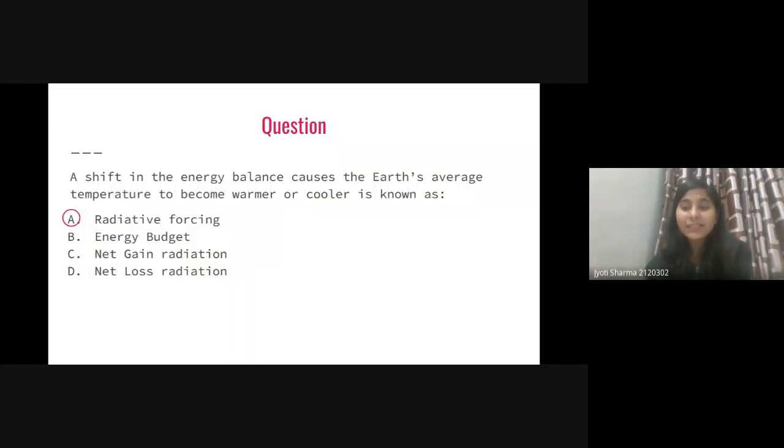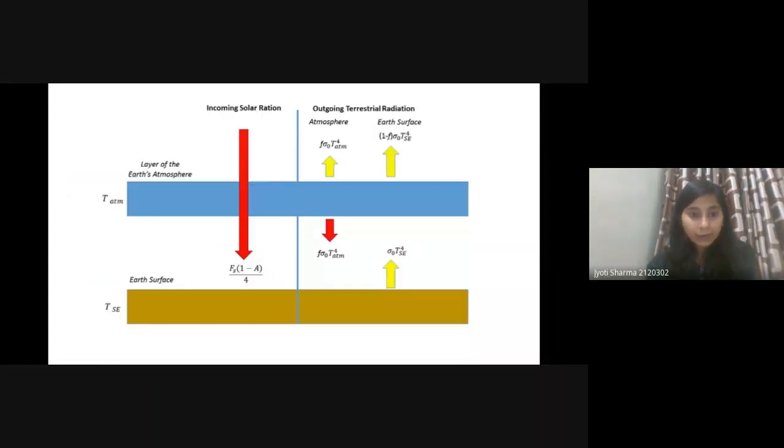Whenever radiative forcing is positive, you will say it is net gain radiation, and whenever there is negative radiative forcing, you will say it is net loss, right? Here I have one picture. Whenever there is incoming radiation, you calculate how much radiation is going back from the atmosphere, and because there is some energy embedded in the radiation, we are talking here about watt per meter square, right?